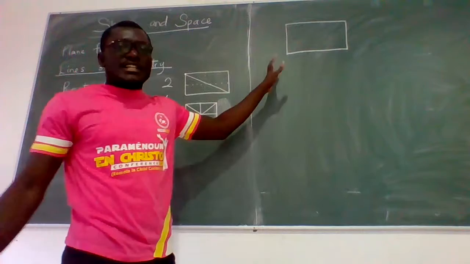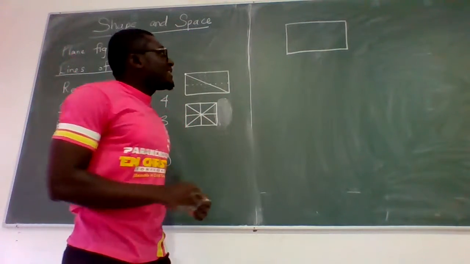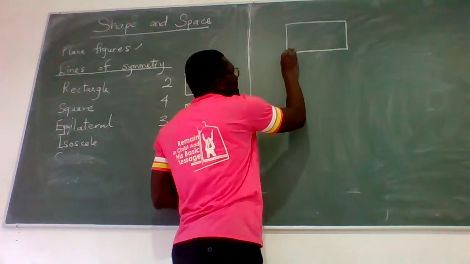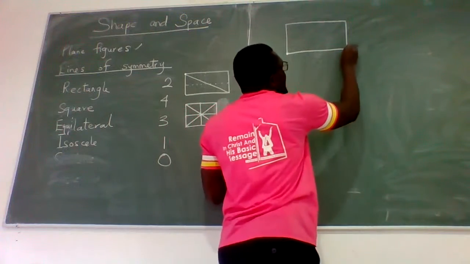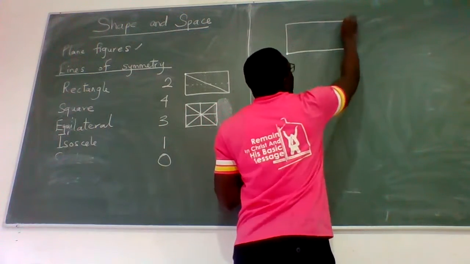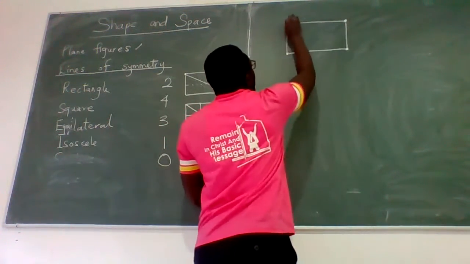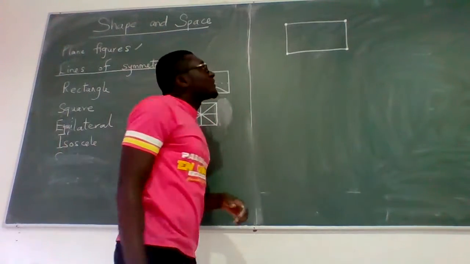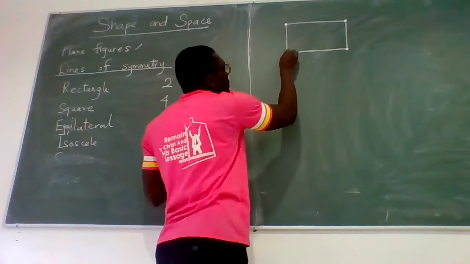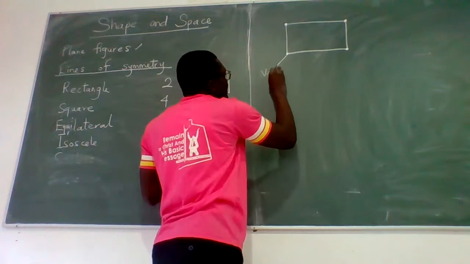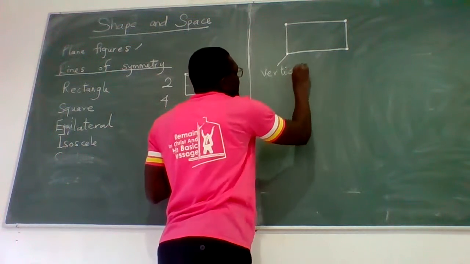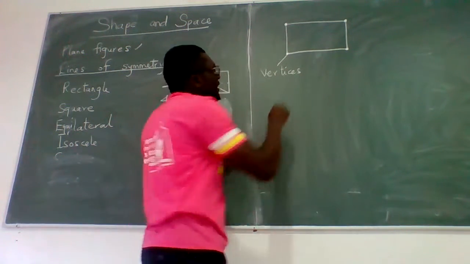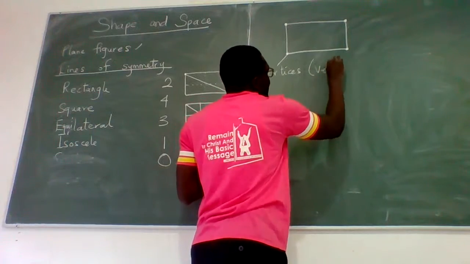The rectangle looks like this. Now the corners where the lines join are what we call the vertices. The singular form is just vertex.